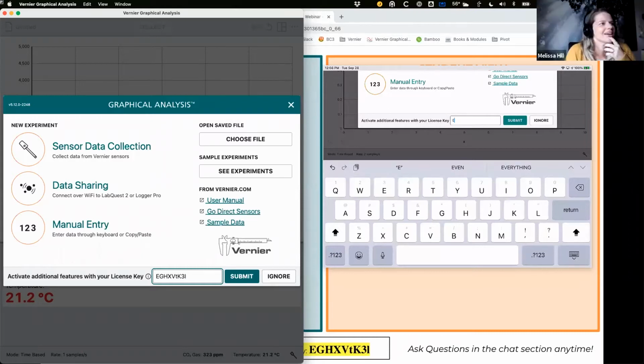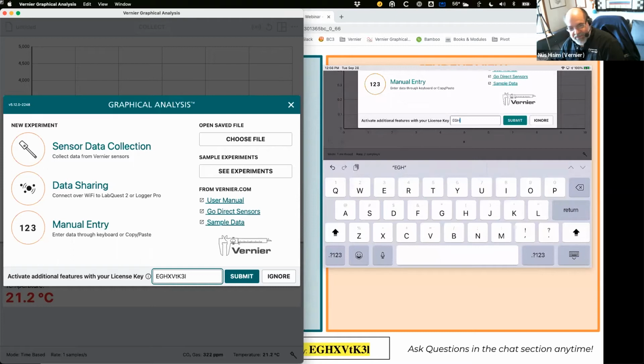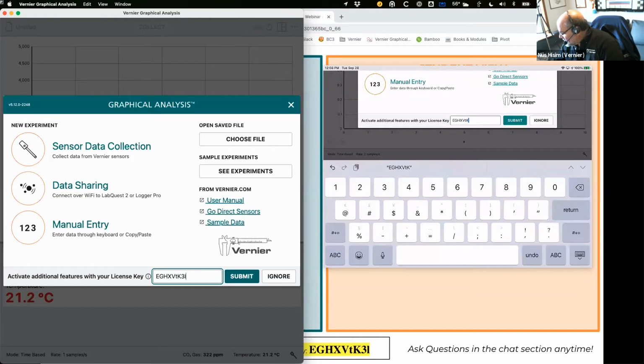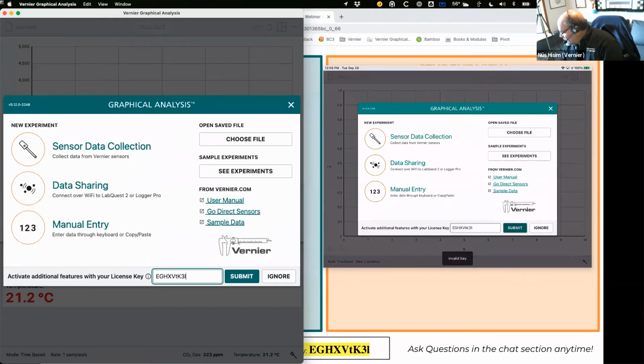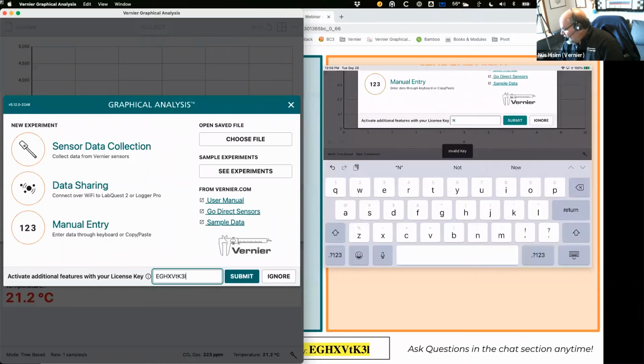Could be a lowercase l, I suppose. Yeah, we asked the programmers about this, to try to make it not so hard, especially when you have to type it in on a device. It's kind of a little bit annoying. But sometimes it works. I'm going to try a 1 just for kicks here, see if that works. Nope.